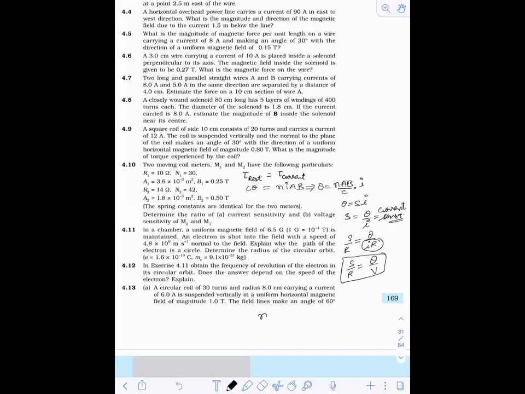So current sensitivity is NAB, sorry, not I over here, NAB divided by C, into 1 by R. This is voltage sensitivity. So you had nothing to do. You should have just divided current sensitivity by R, and you would get voltage sensitivity. So I hope question number 10 also you can do.